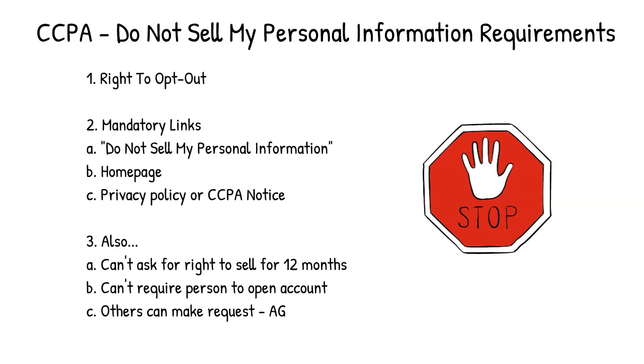Now, there is a practical side to the do not sell my personal information links that you need to think about here. There isn't necessarily a right or wrong answer, but you just want to understand what the issue is, and you want to make sure that you have a consistent policy for addressing it. And that is, what's the beauty of a website or an app as far as a target audience goes? Well, the people who are going to be coming to your website, they're not just in California. They're located all over the country, all over the world.